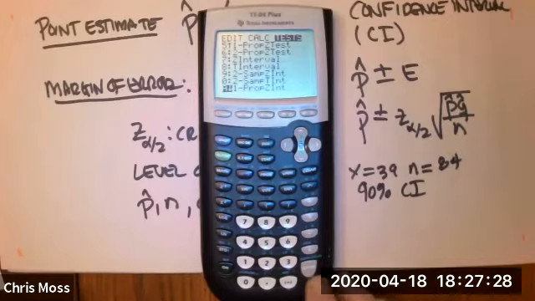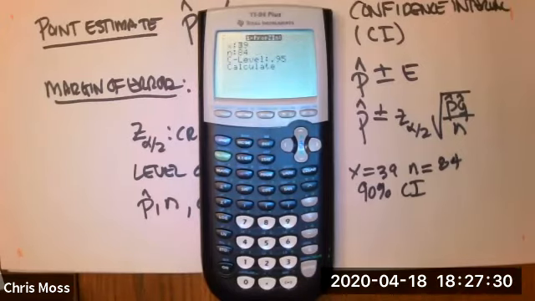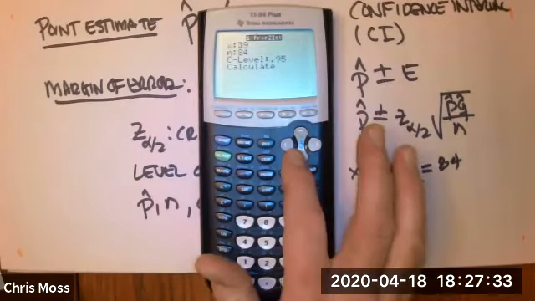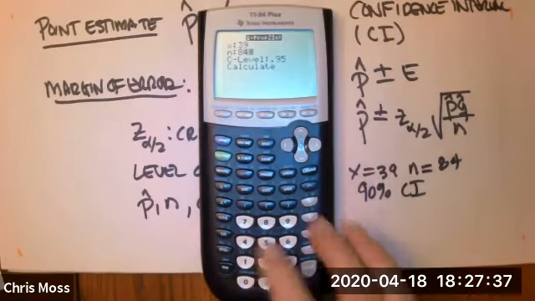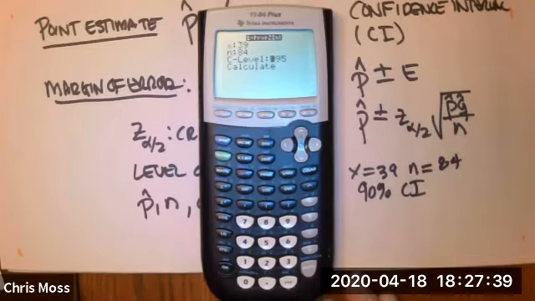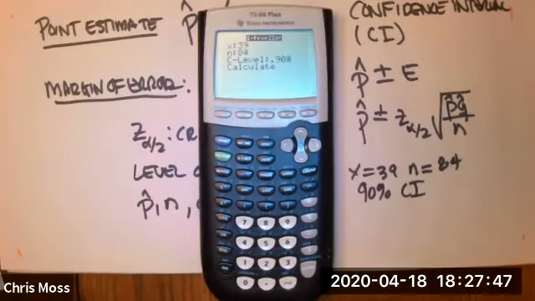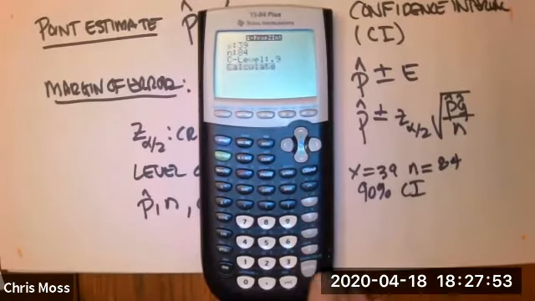It's on the second screen. And here I can input the value for x, 39, n is 84, and my level of confidence, 0.90. So our 90% level of confidence means that alpha, by the way, is 10%. That's what's split between those two tails. That's giving us the Z alpha over 2. We're going to calculate it. I blow on it once for luck, and there we go.